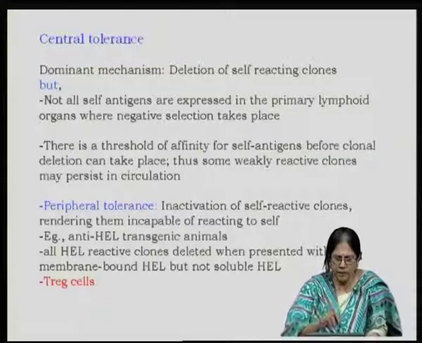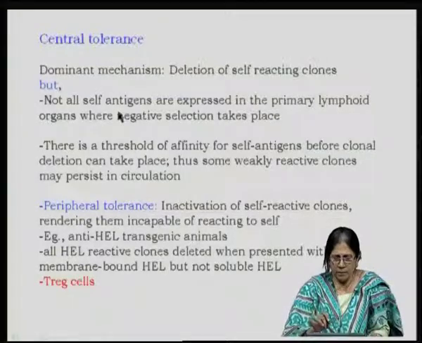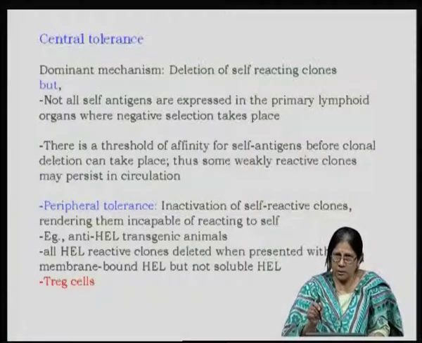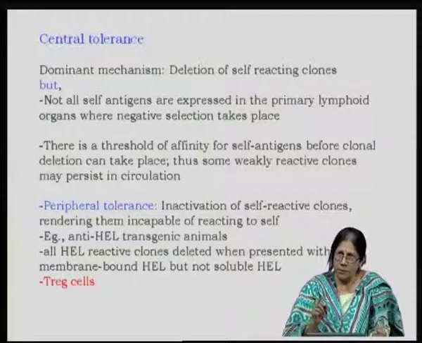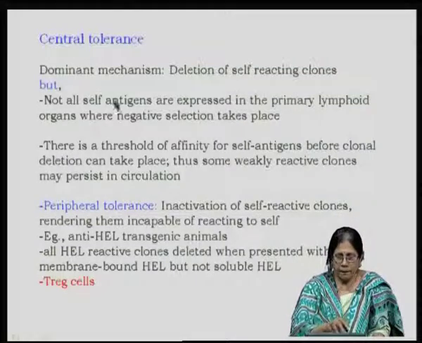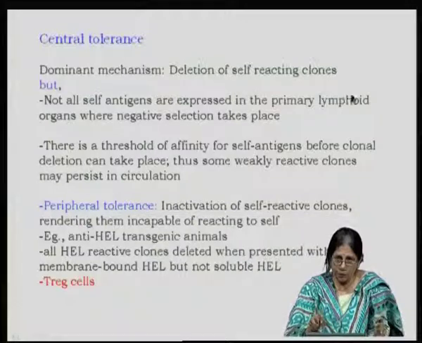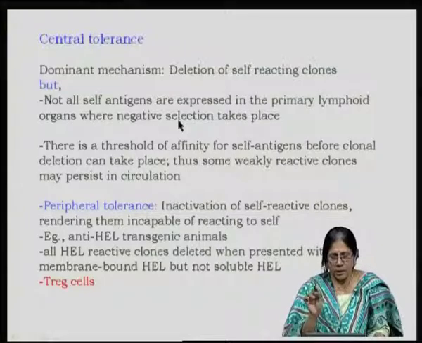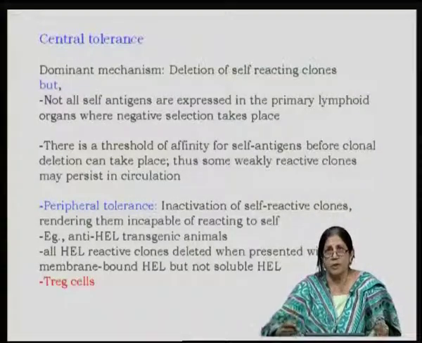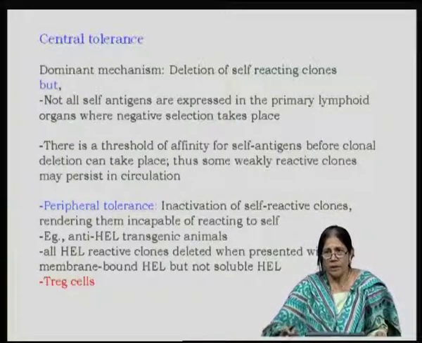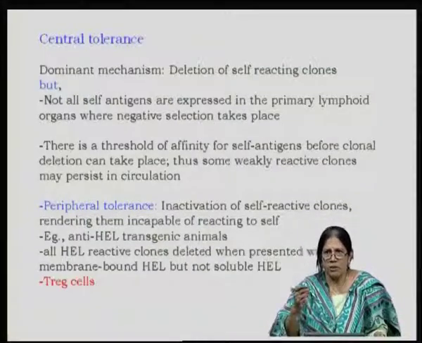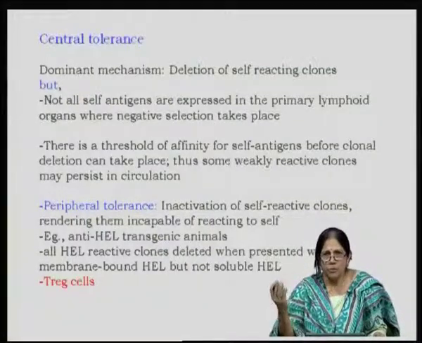Looking at self tolerance, this is a dominant mechanism which happens in the bone marrow in case of B cells and the thymus, the medulla of the thymus, in case of T cells. Now, though deletion of self-reacting clones occurs, not all self antigens are expressed in the primary lymphoid organs where negative selection takes place. The entire immune system is sort of a network, and there would be migration of antigens through the circulation.